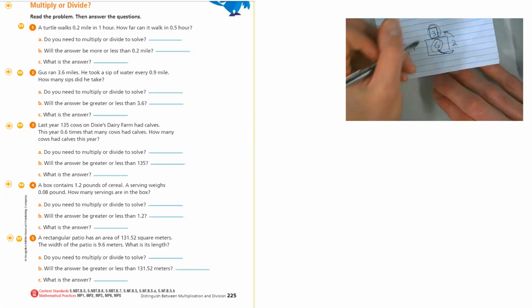Perfect. So how many did I take out? 7. So what's my answer? 13.7. And then what is it? Well, they are meters. So those are my answers for 5.